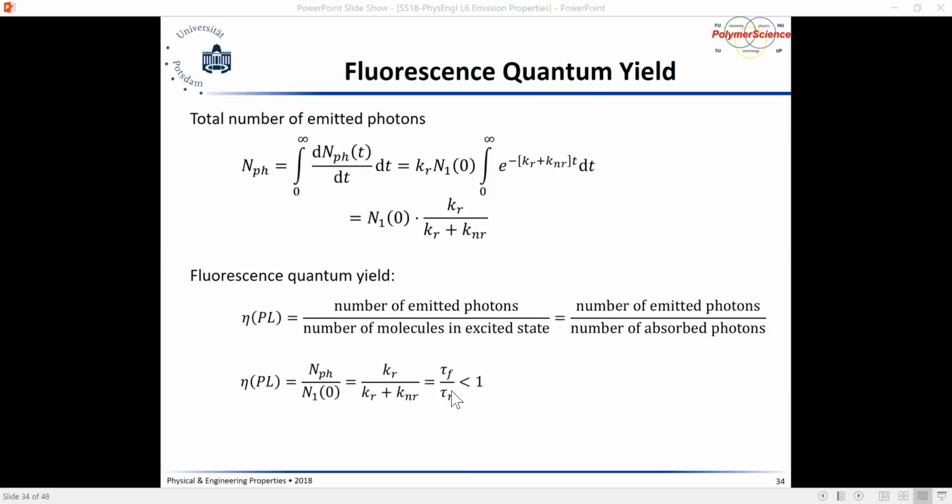KR is 1 over TR, and KR plus KNR equals 1 over TF. That's why you got this inverted fraction here. And usually in most systems, this fraction is smaller than 1.